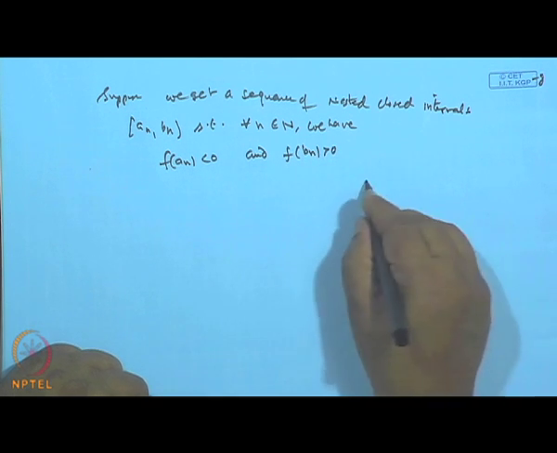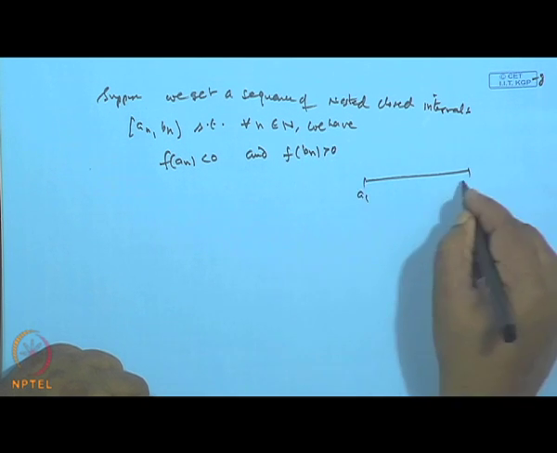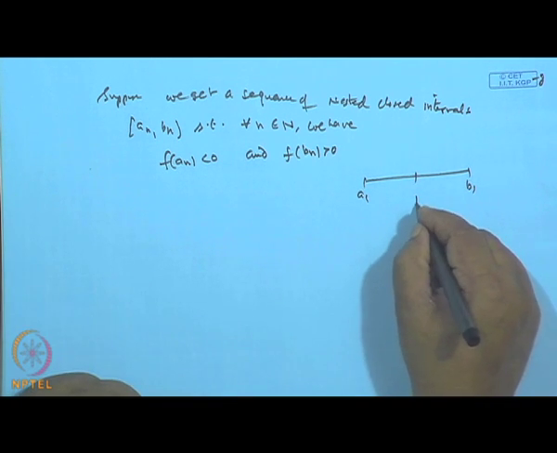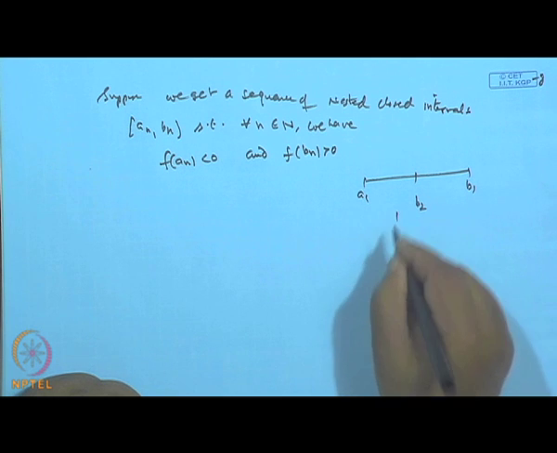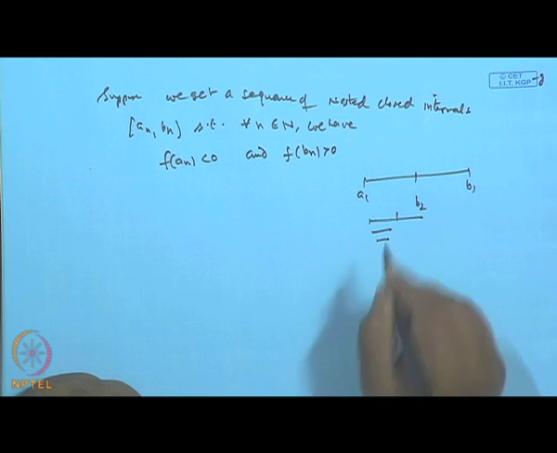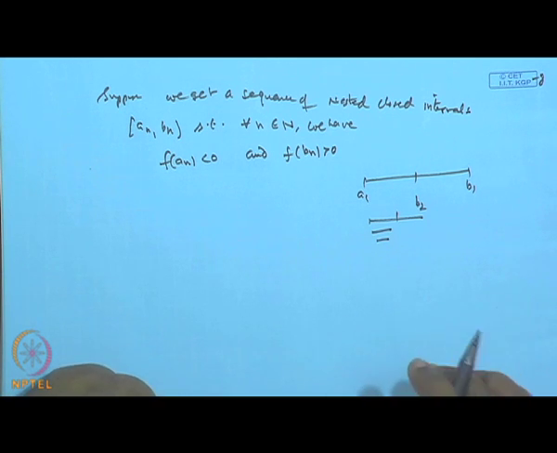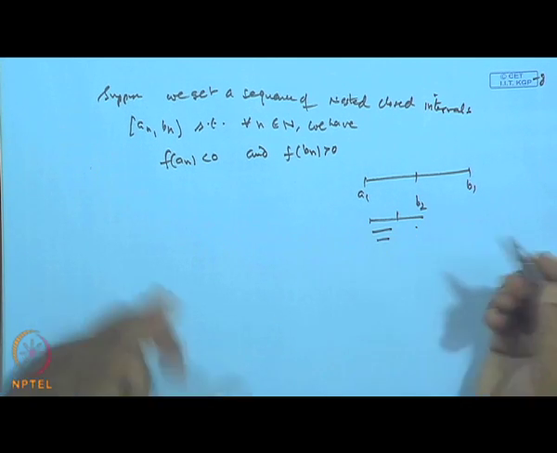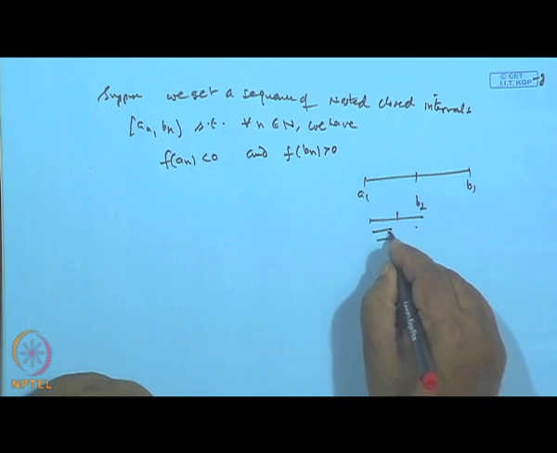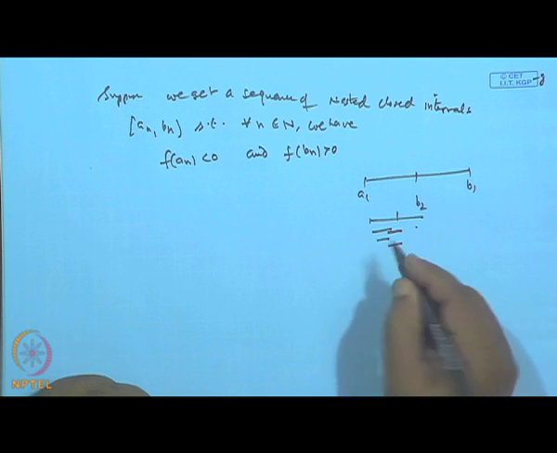So, this is the sequence of nested intervals, say a1 b1, then once you divide, here is a2 b2, like this, further divide and like this. Sometimes the possibility may be like this also, that instead of this we get this, or maybe this, and so on.